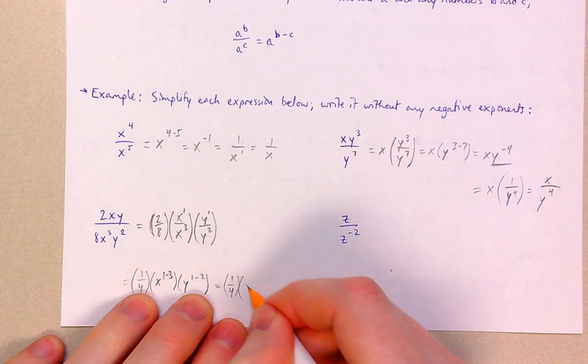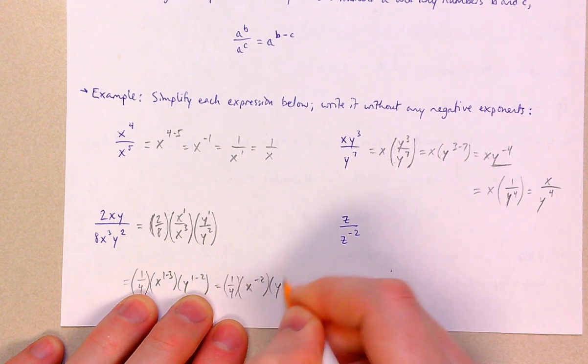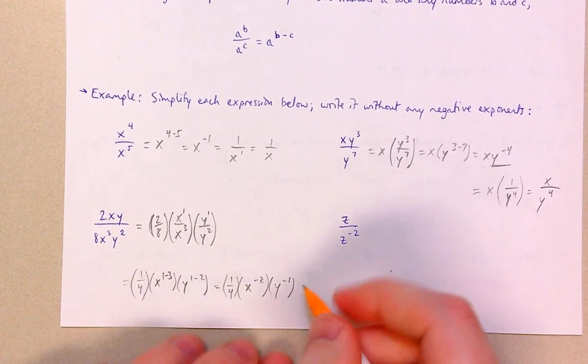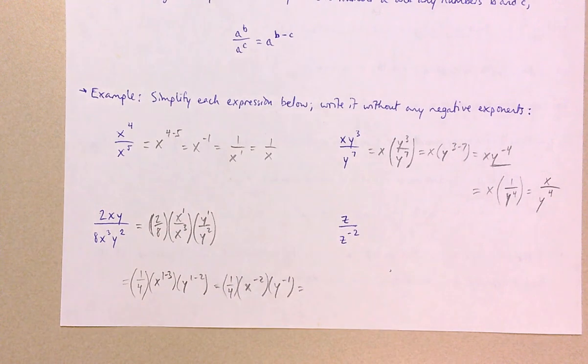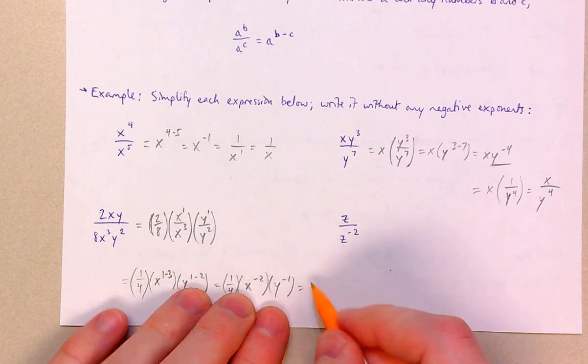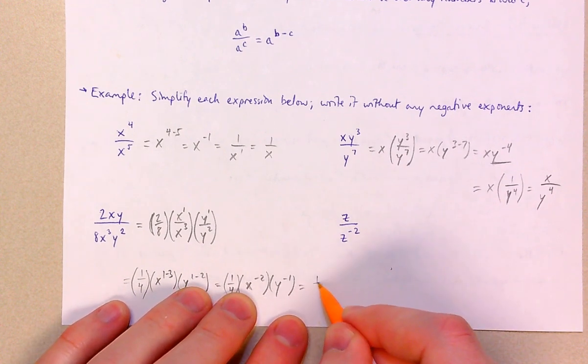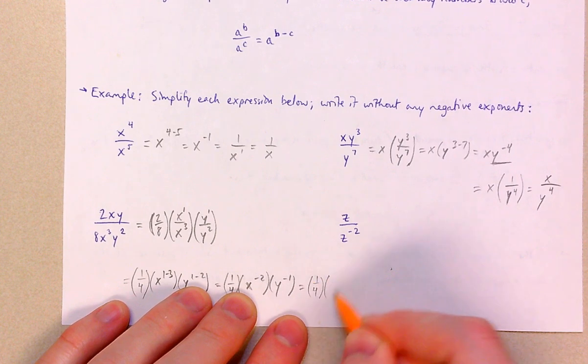So x to the power negative 2 and y to the power of negative 1. And in each of these cases, the child is on the top and is being bad, so send them down to the bottom and they will be good.